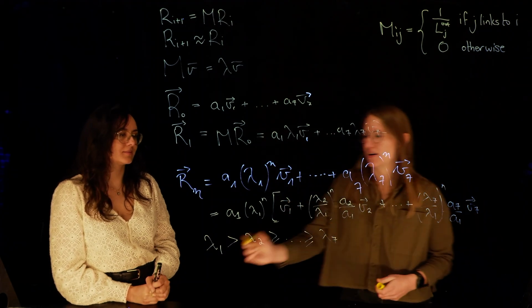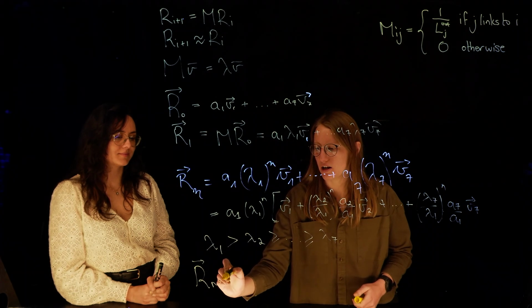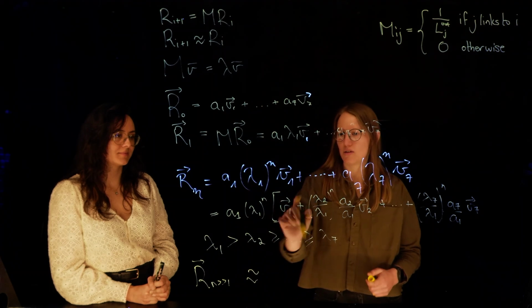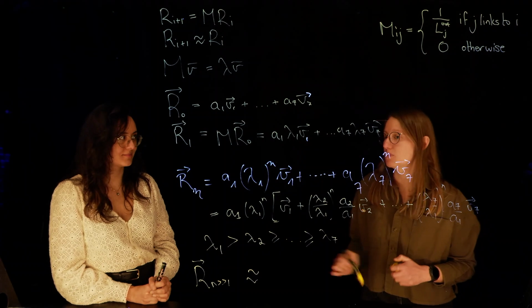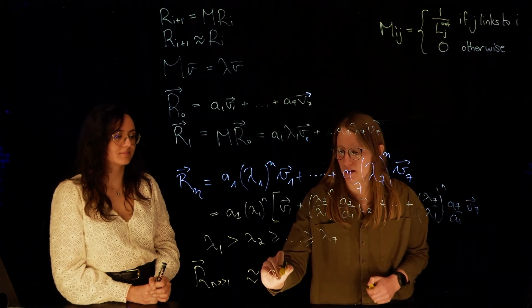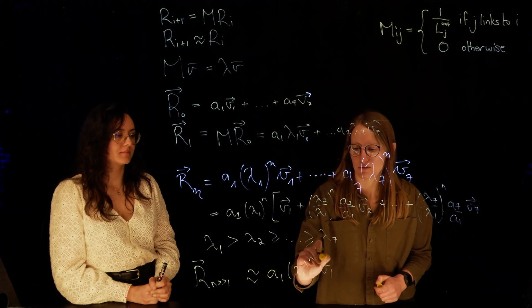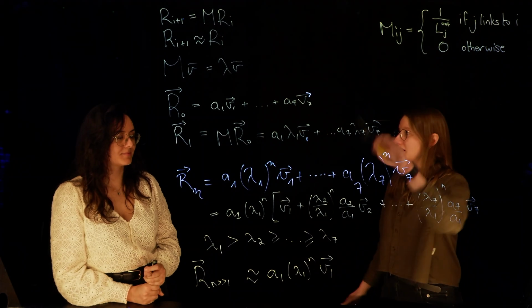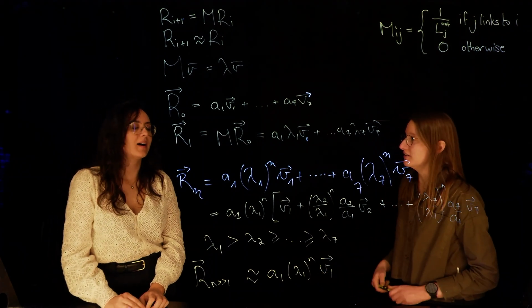So it turns out that Rn for very large n is going to be approximately the only term in the sum that will be significant, which is V1. So we'll end up with A1 lambda 1 to the n times V1. As you can see, after many iterations of the algorithm, we've just arrived at a single vector.